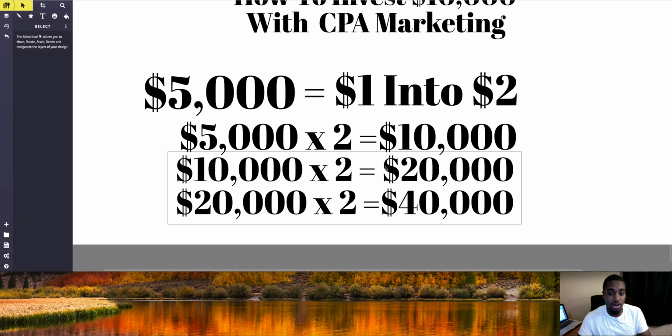So that's pretty much all it is, guys, when it comes to investing this type of money. This is a super simplified version, and like I said before, if you have $10,000 in the bank, you don't go take your whole $10,000 and invest it. That's just stupid. What you do is you take half of that.